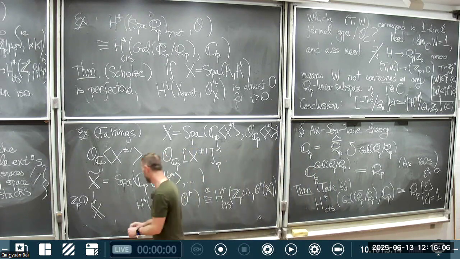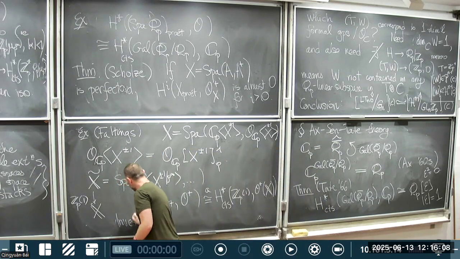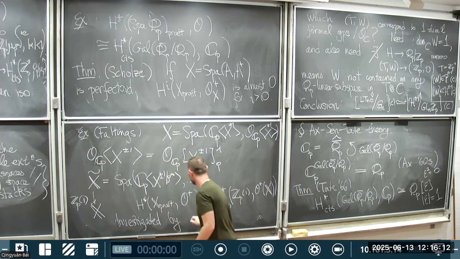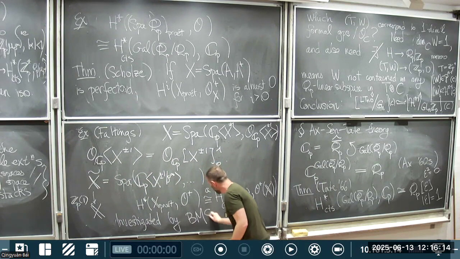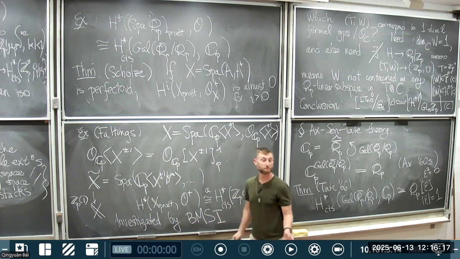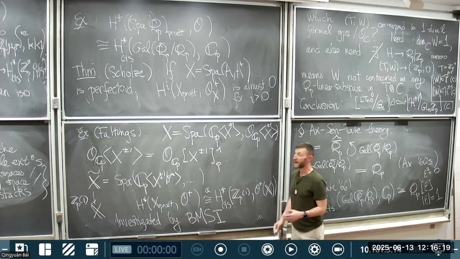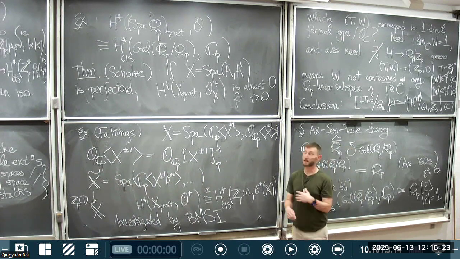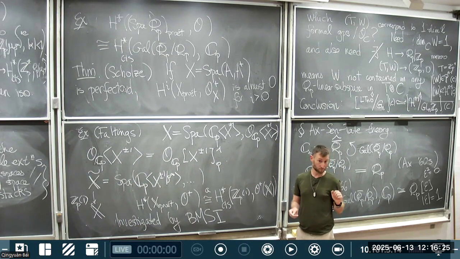This sort of thing is investigated in detail in the first paper of Bhatt, Morrow, and Scholze, and that paper concerned smooth formal schemes over O_{C_p}.